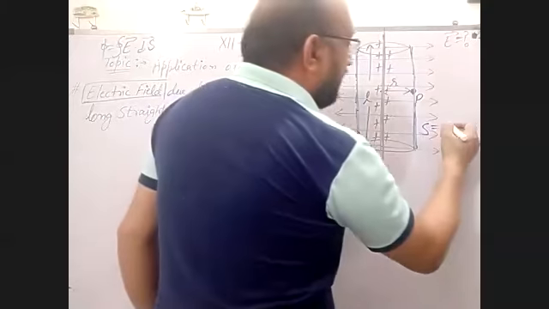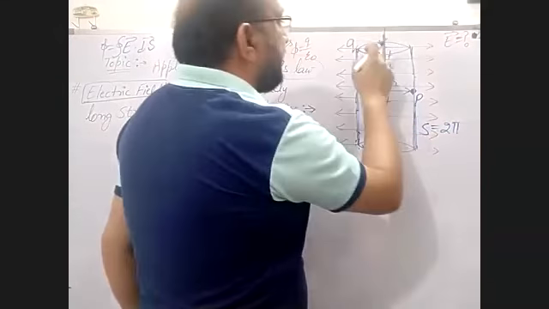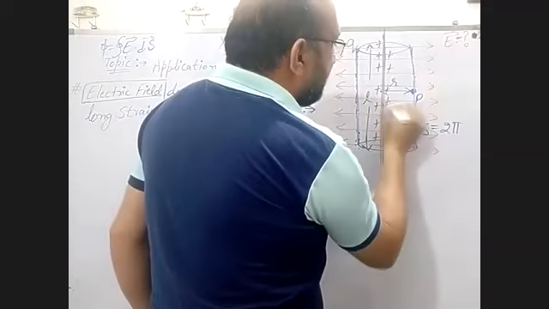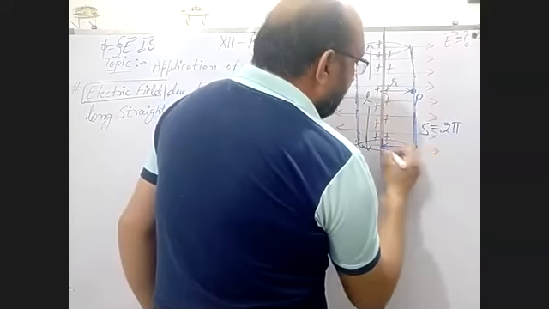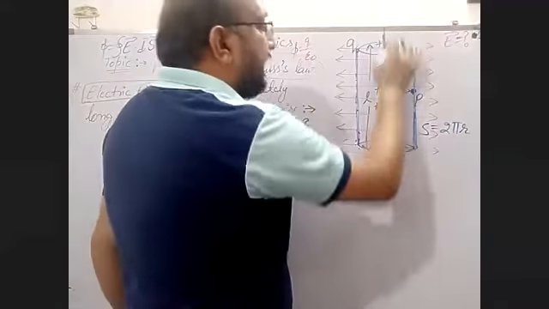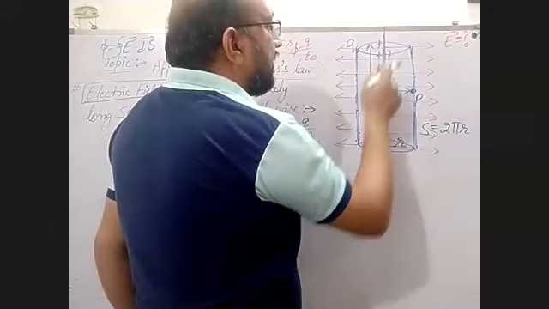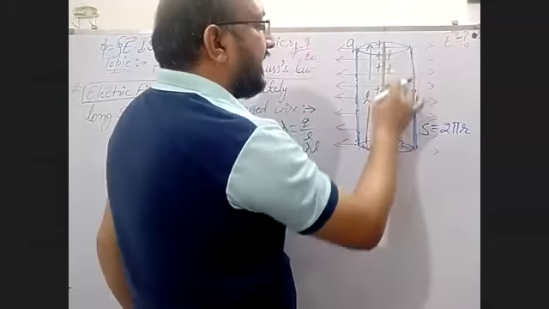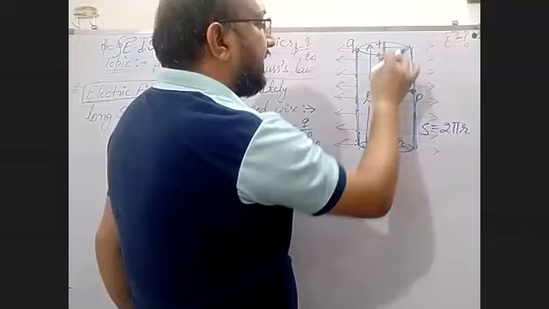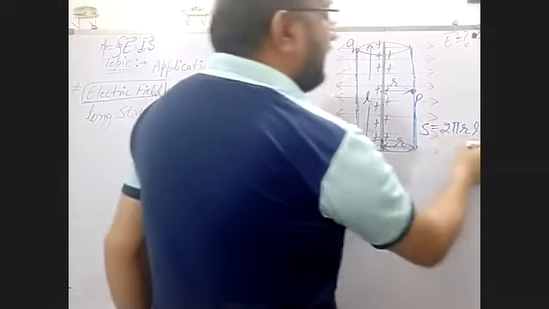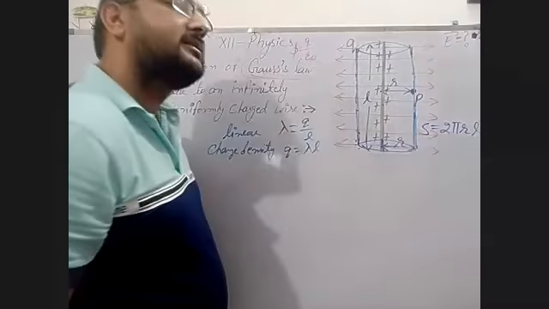By taking the formula 2 pi times the radius, which is the distance from this wire to this surface, so 2 pi R, and the height of this cylinder will be the length of this wire, which is L. So in this way, you can take the surface area of a cylinder.